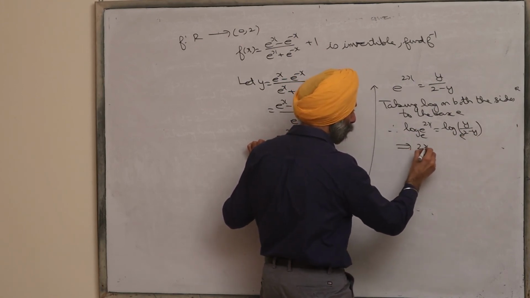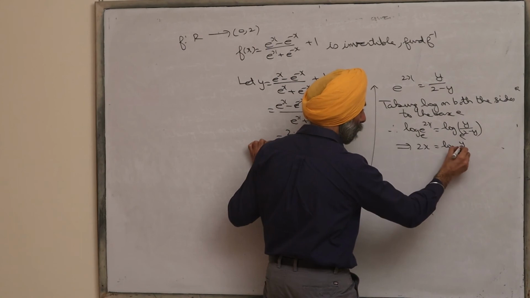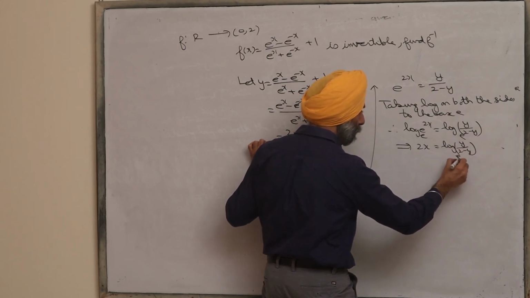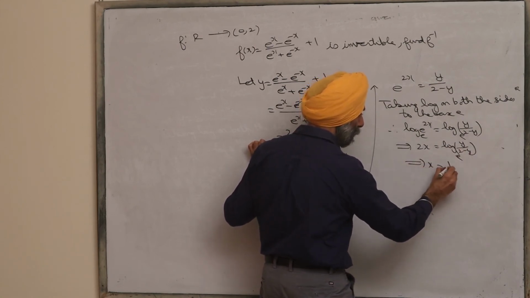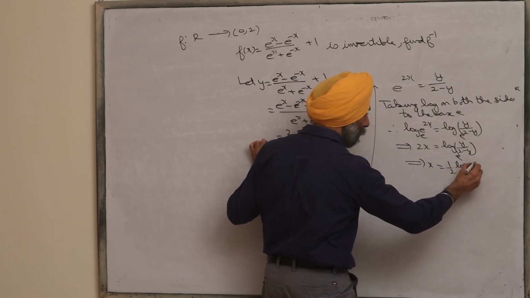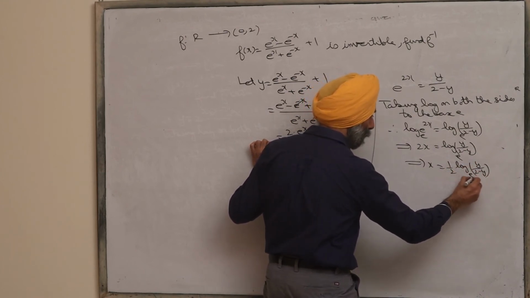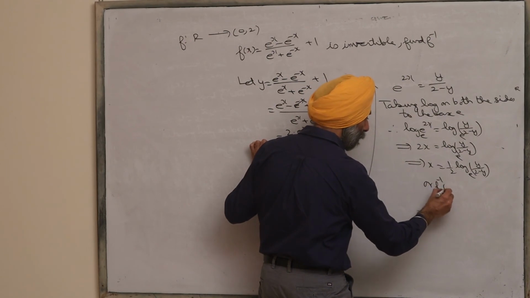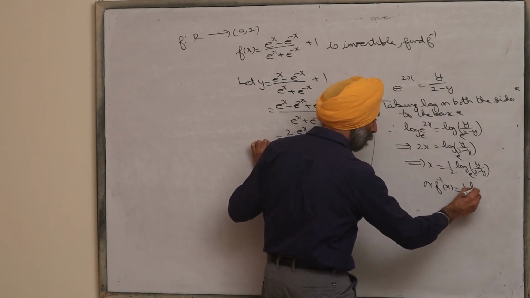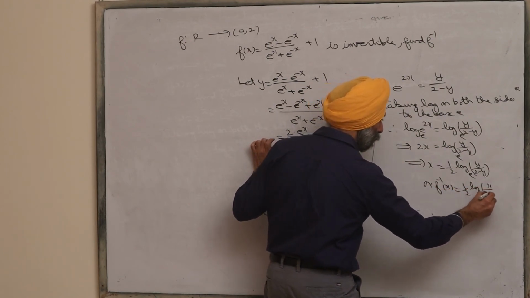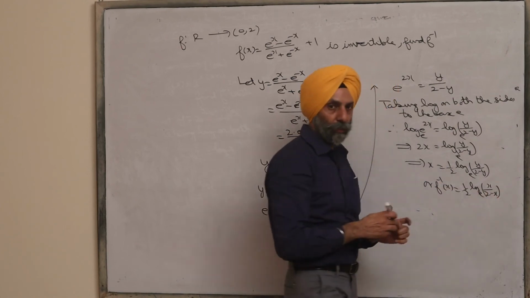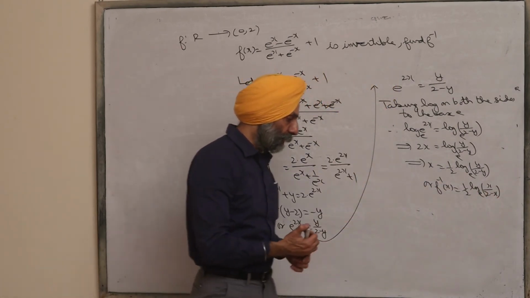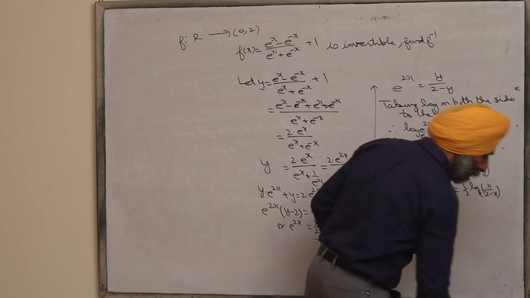So this implies 2x is equal to log of y over 2 minus y to the base e, or x is equal to 1 by 2 times log of y over 2 minus y to the base e, or f inverse of x is equal to half of log of x over 2 minus x to the base e. So this way you can find the inverse of the functions.